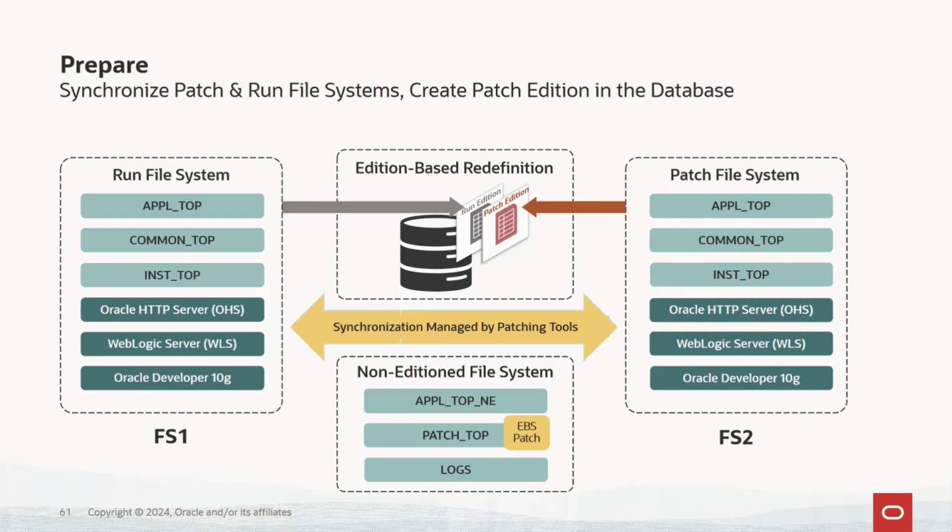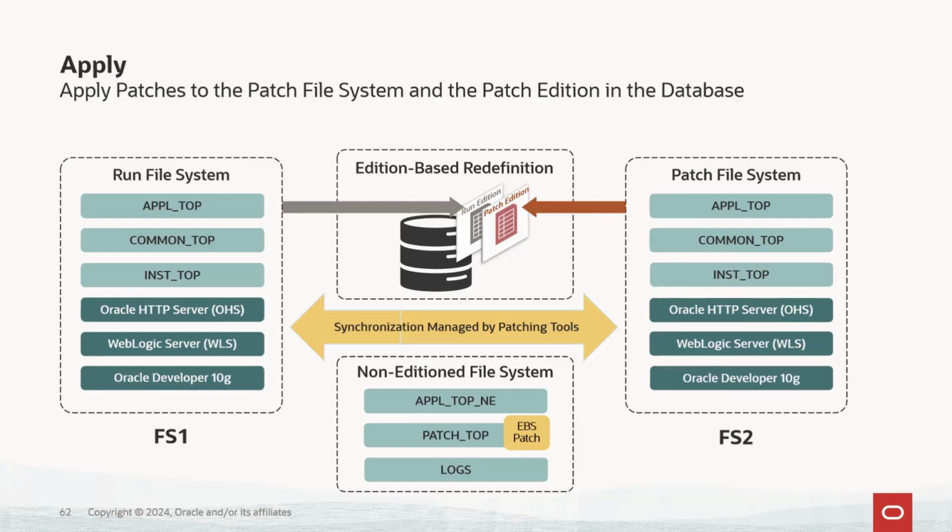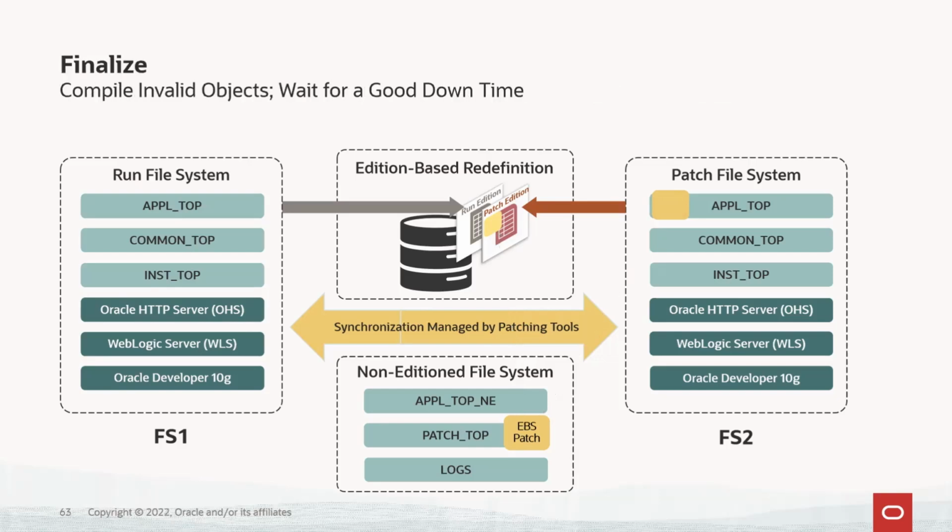You can see at this point we've downloaded an eBusiness Suite patch to the patch top on the non-edition file system. And now as we go to the apply phase, we're going to be applying patch changes. In this case, there's some changes to the APPL_TOP on the patch file system, and perhaps some changes to some code objects running in the patch edition of the database. Here we are in the finalize phase.